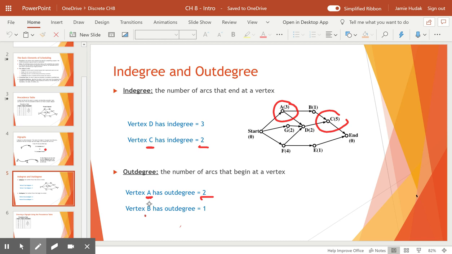And then the last example is B. If we find vertex B, we see that vertex B has an out degree of 1 because there is only 1 arrow leaving from vertex B. So those are our in degrees and our out degrees of a vertex in a digraph.